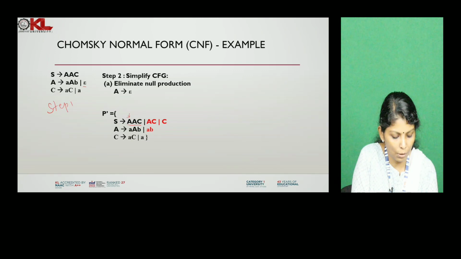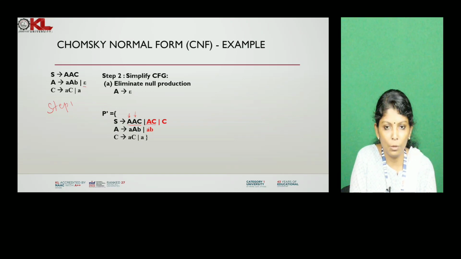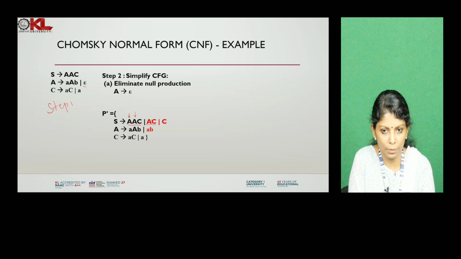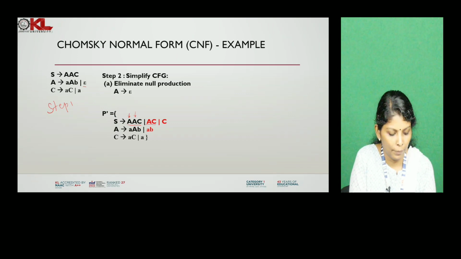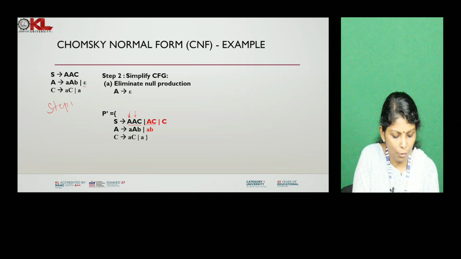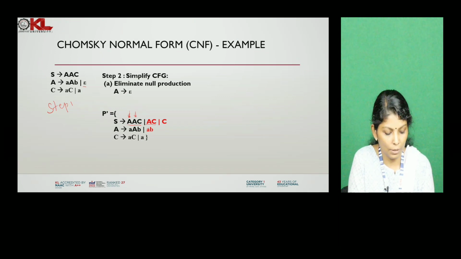When I substitute epsilon for this first A, we will get the production AC, and then when we substitute epsilon for the other A, again it will be AC. That is a repetition, so we use only one. Then we substitute epsilon for both A's, so that we will get C. So these are the new productions, AC and C.